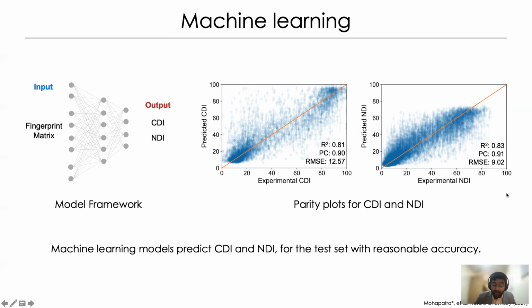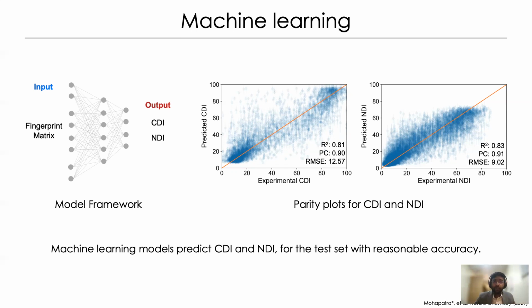Moreover, the RMSE values on the relative scale, or the unitless RMSE values, were around 0.3 and 0.4 in each of these cases, essentially ensuring that the machine learning models were able to predict CDI and NDI for the test set with reasonable accuracy.